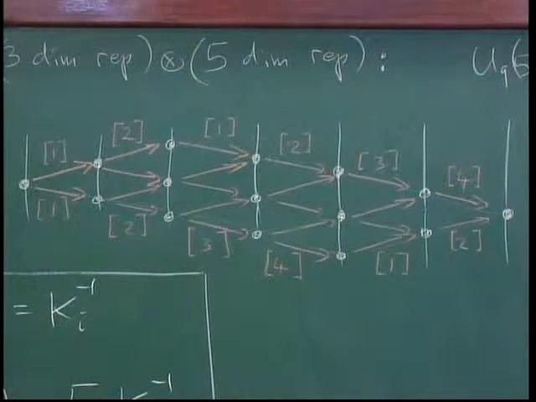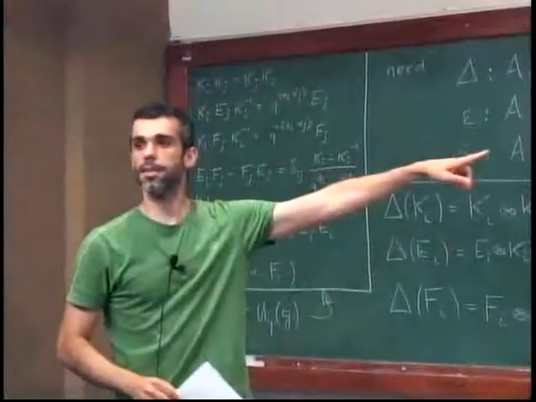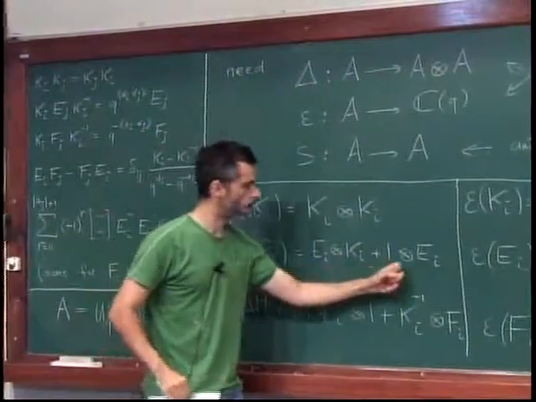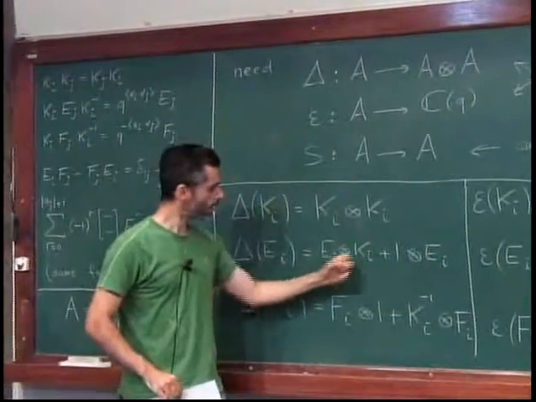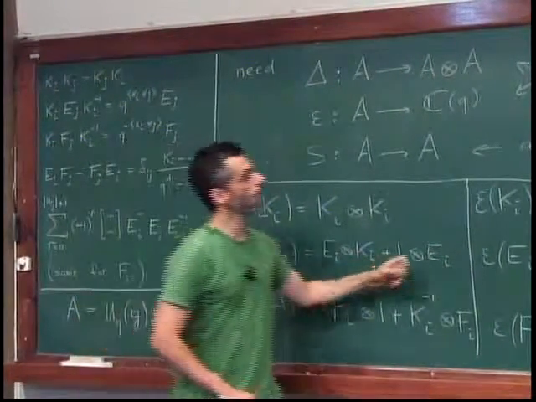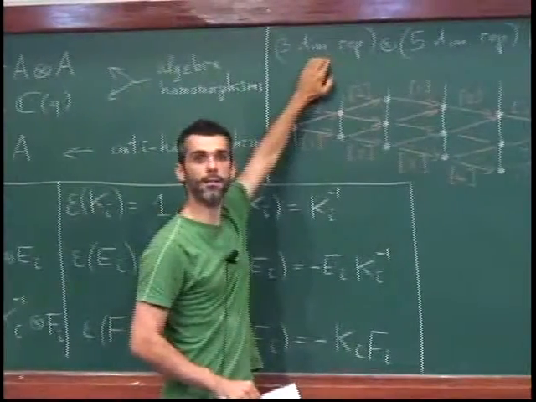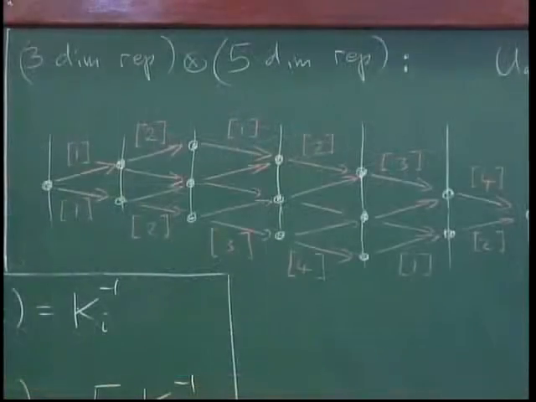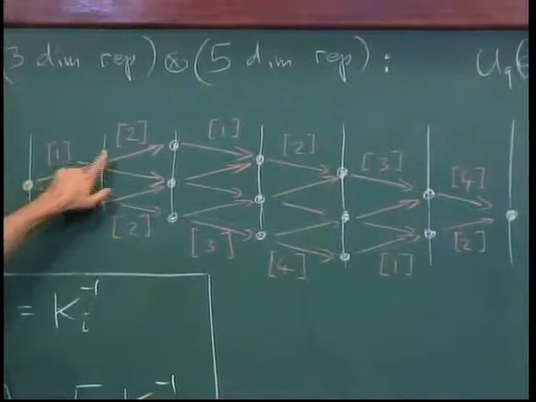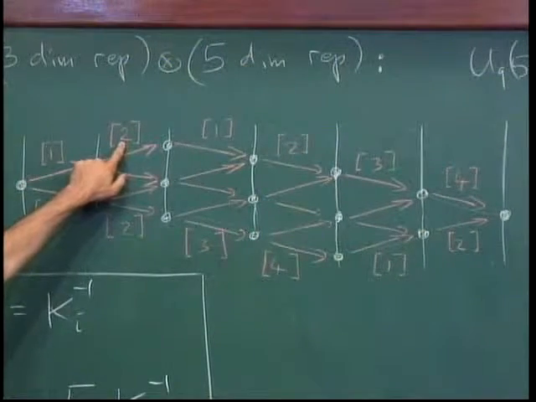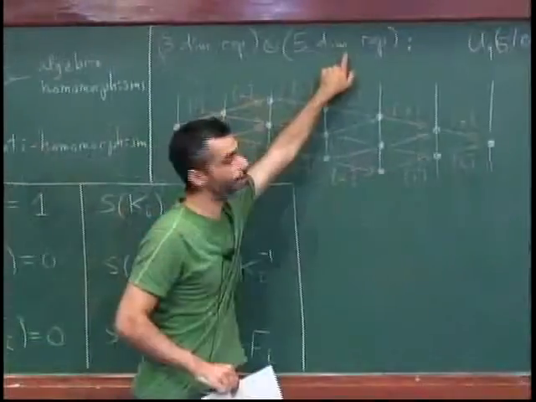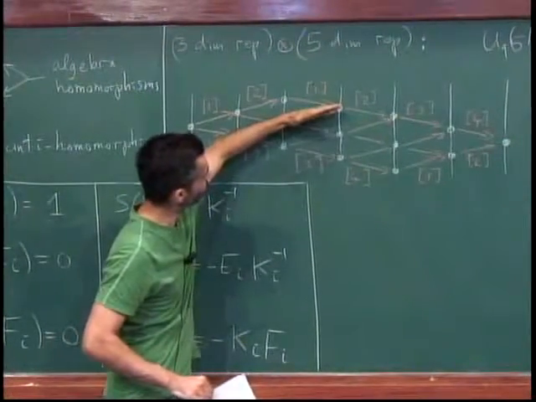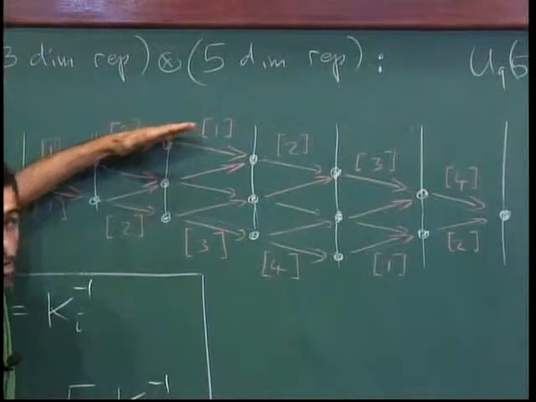And again, we're not quite done, because this is the picture that we would get if the coproduct was E tensor 1 plus 1 tensor E. We need to do E tensor K. So when I do E on the factor, I should simultaneously be doing K on that factor. So E on the three-dimensional representation, that's this 1 and this 2, and it needs to be modified by K on this five-dimensional representation, which is, well, here it's q to the 0, here it's q to the minus 2, and here it's q to the minus 4.